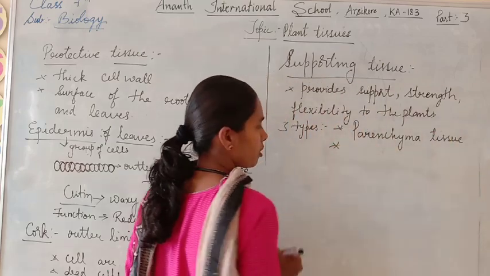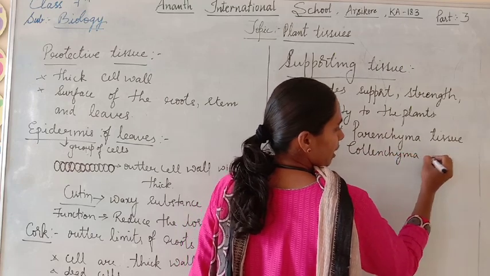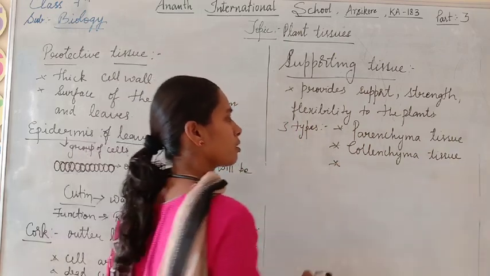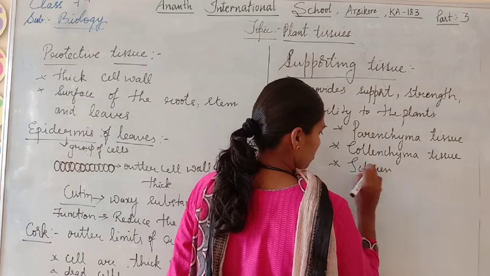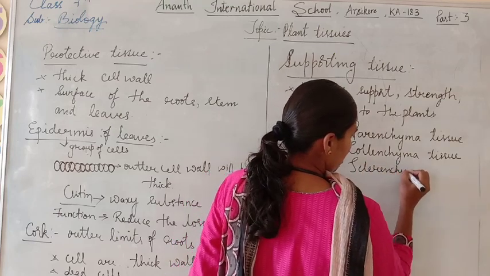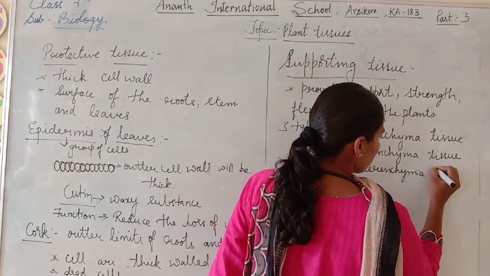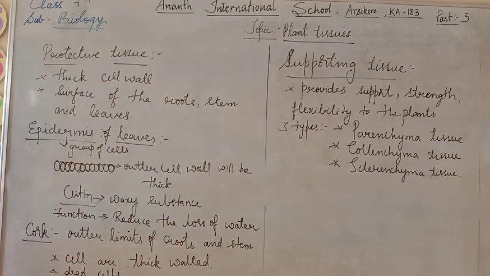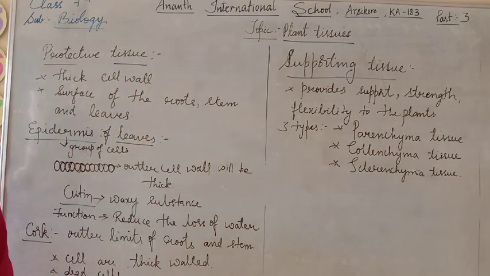The second type is collenchyma tissue. And the third type is sclerenchyma tissue. These are the three types of supporting tissue.